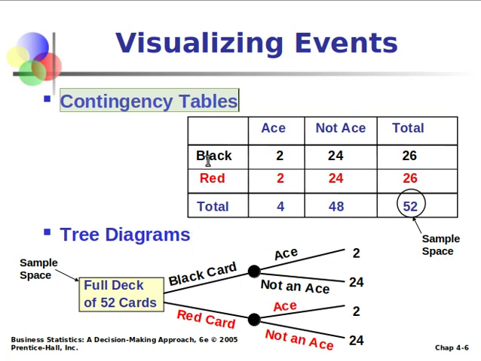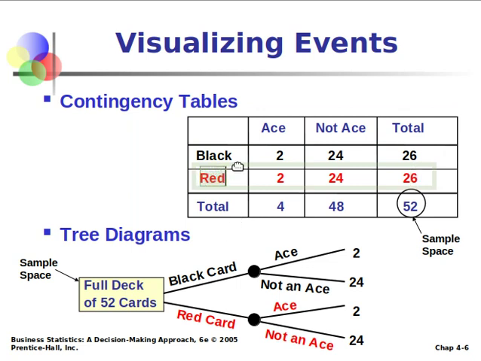But we know that 26 of those 52 cards would be black, and the other 26 would be red cards.